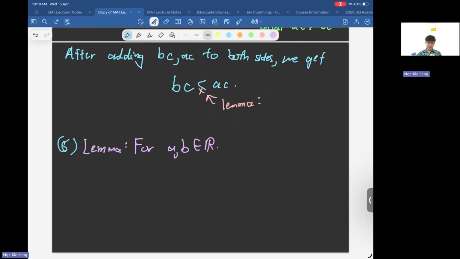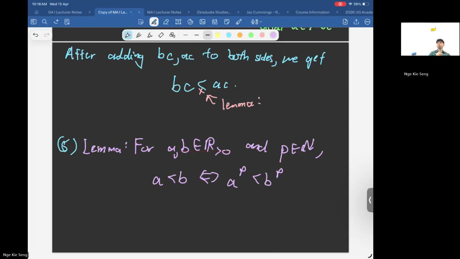If you have any positive number A, B, and some natural number P, A is less than B if and only if the P power of A is less than the P power of B. Think of it, first of all, does it make sense or not? If 1 is less than 2, and then 1 to any power, and 2 to the same power, is it still growing faster or not? Kind of makes sense, right? So how to prove this?